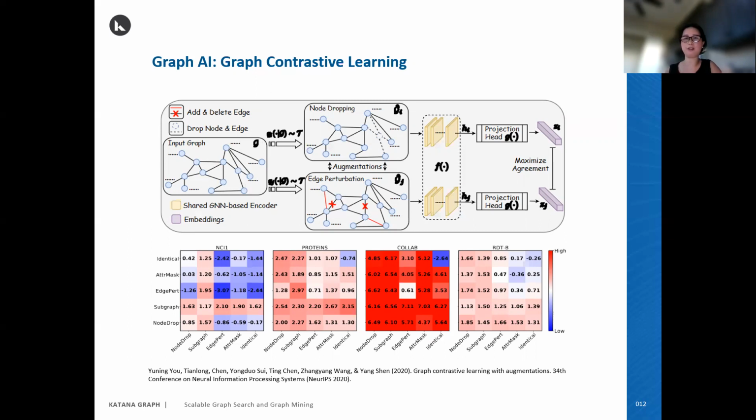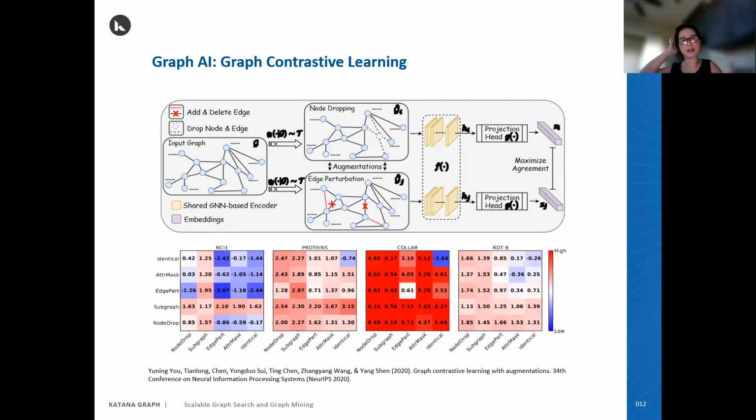You need to have different data augmentation to create positive sampling and negative sampling. Contrastive learning is easier to do in computer vision because you can blur the image, crop the image, flip the image upside down, but it's very hard to do on graphs.